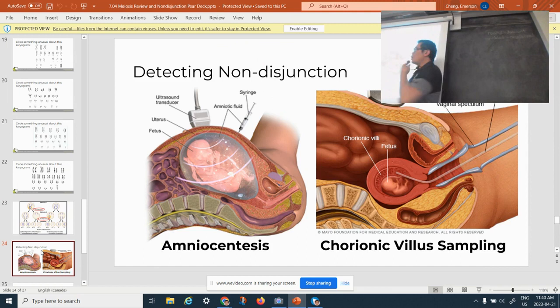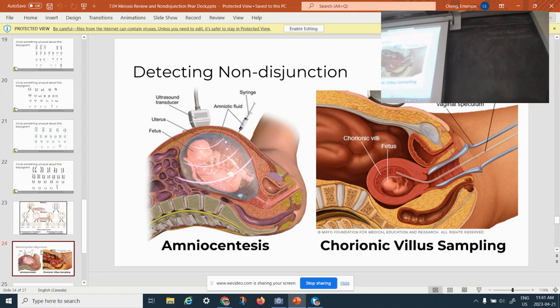Now, detecting non-disjunction. You guys can read this part. Both of them require checking in utero using ultrasound. Amniocentesis is basically where you use a syringe to extract the amniotic fluid that is surrounding the baby.